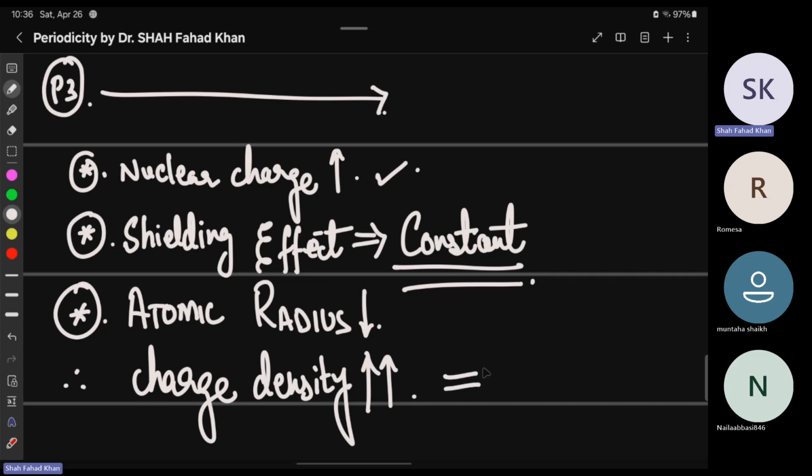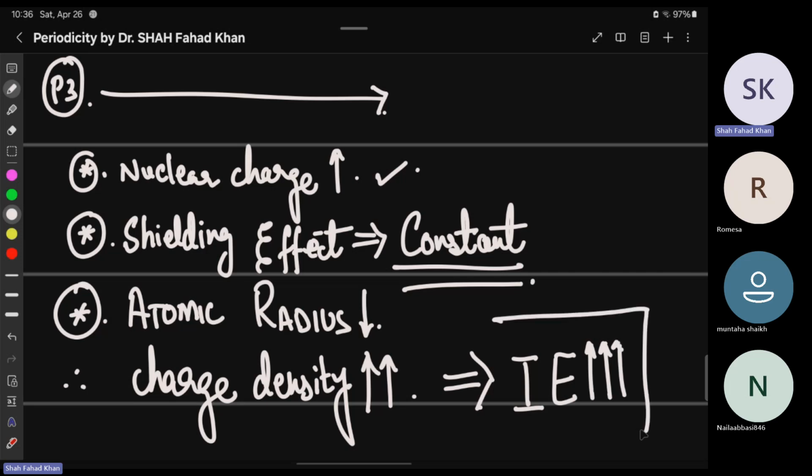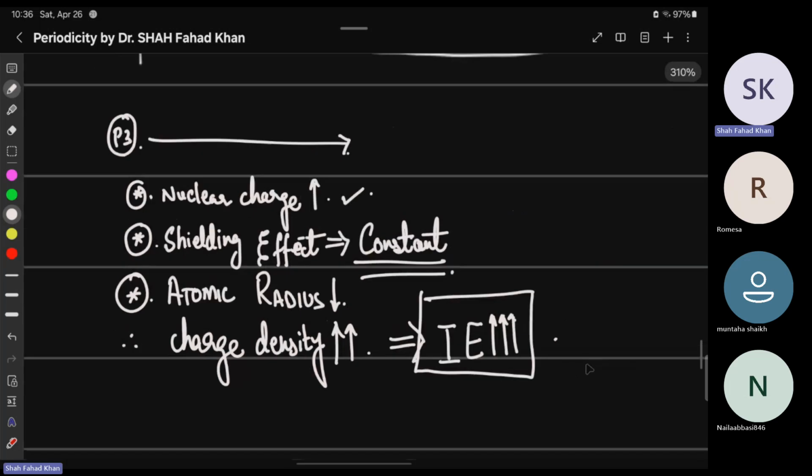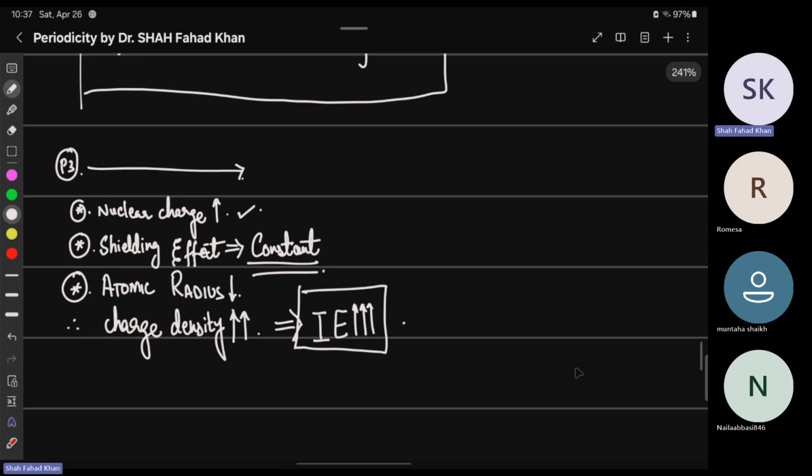And hence, because charge density is increasing, this will result in an increase in ionization energy. So in general, the ionization energy increases as we go across the period. Okay? You understand this? This is the trend across a period from left to right.